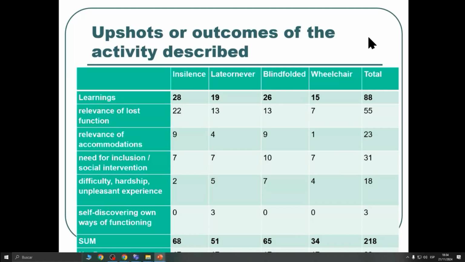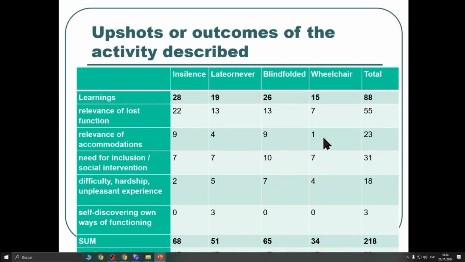And the most important for me for an experientialist activity, which is the discussion of students of what they learned, I see an alarming amount of comments about the relevance of the lost function and the discovery of what it means to lose a function. Discussions about inclusion and lack of inclusion are very characteristic in the blindfolded activity, but in all of the activities.